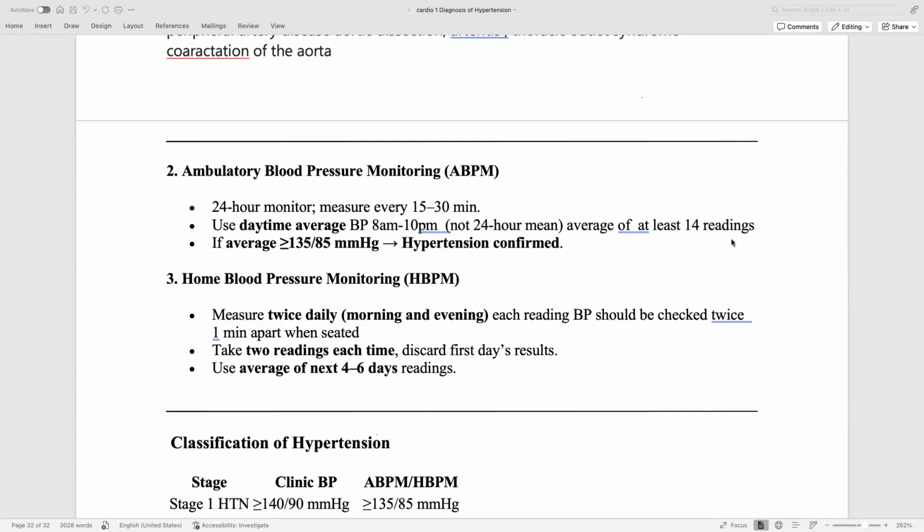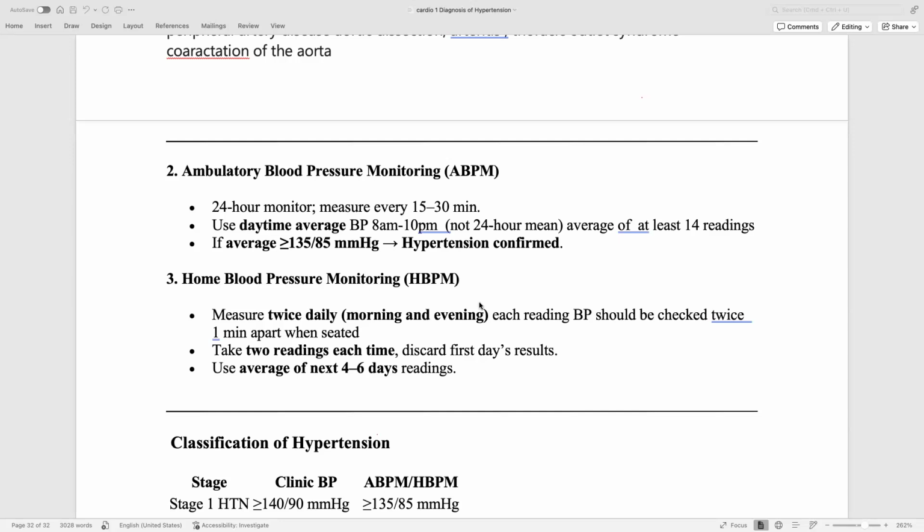Okay, the question: will we take the whole readings, day and night, or the daytime reading? Daytime. Okay, didn't we say before that the ambulatory device helps us detect nocturnal hypertension? Yes, it is just information, but we will not take the overnight measurement.